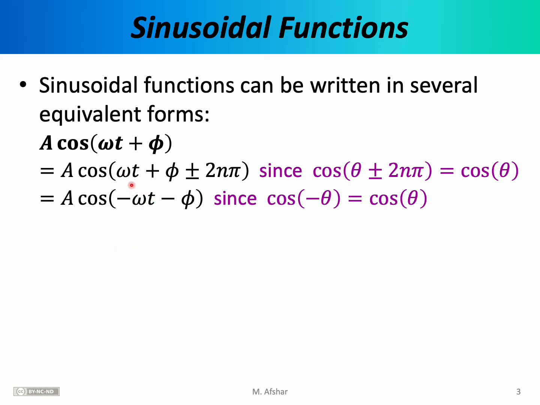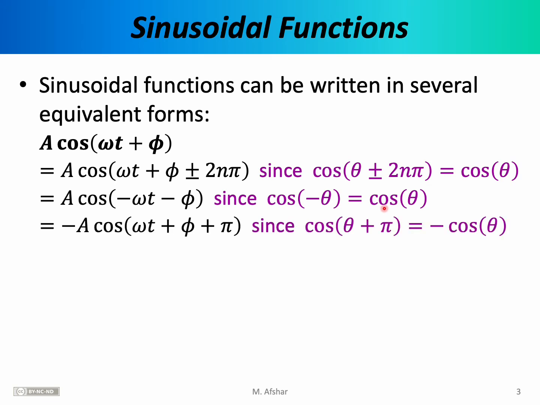So you can put a negative sign in front of the omega t and the phi, and you will see that the graphs of all three of these functions look exactly the same. They are indistinguishable, so they all describe the same function. This second identity here is a consequence of the fact that cosine of, for example, minus 45 degrees is equal to cosine of 45 degrees.